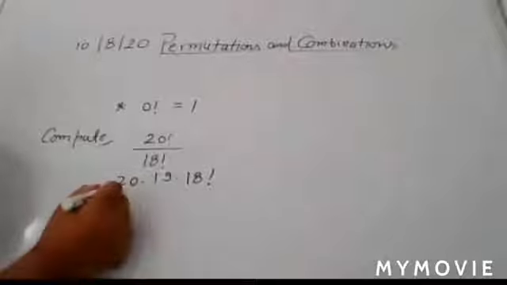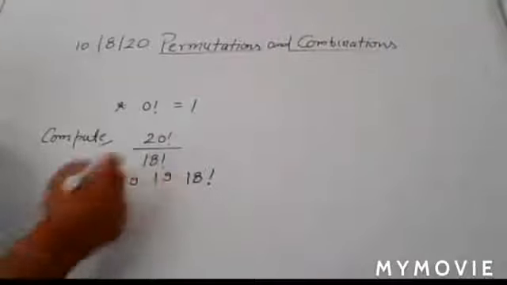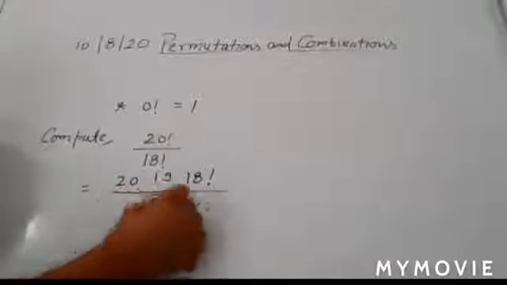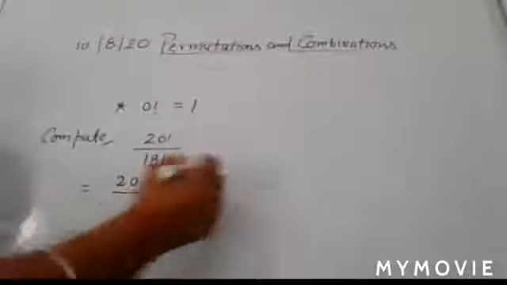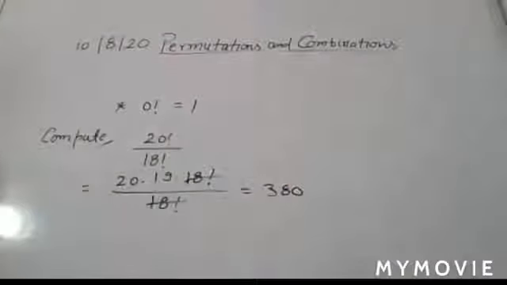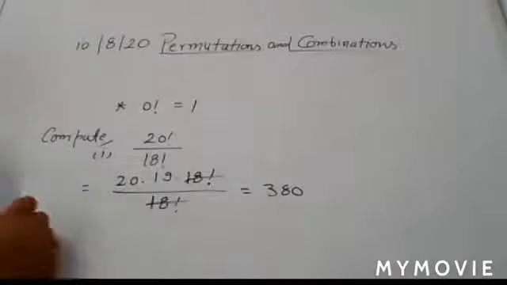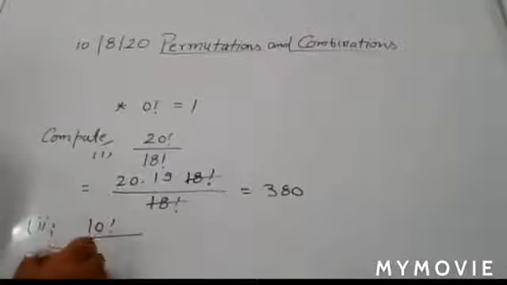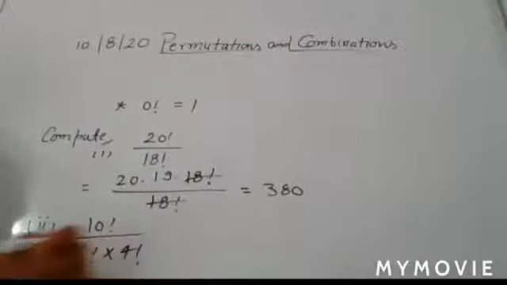So that can be written as 20 into 19 into 18 factorial upon 18 factorial. So that we cancel out, and your result is 380. Yes, write it. So this is your first part. Note it.